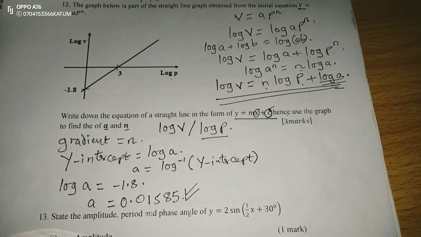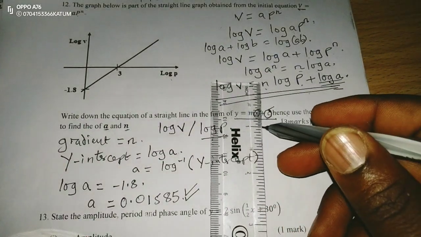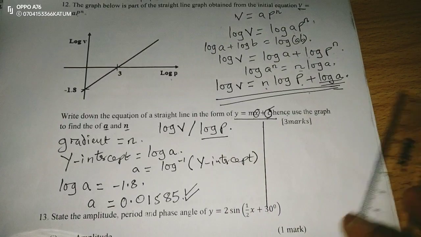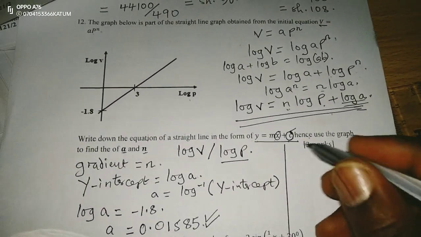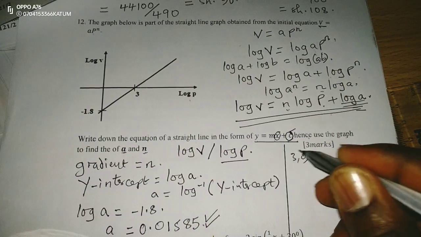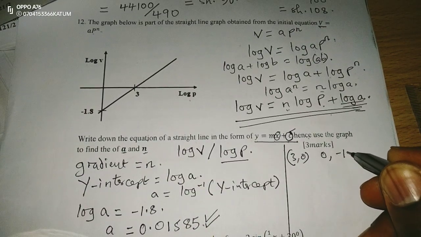We can go for the value of n, whereby we will need the slope. The value of n is going to be the slope. Therefore, we can use a few coordinates like (3, 0), that is the x-intercept, and the y-intercept, which is (0, negative 1.8).